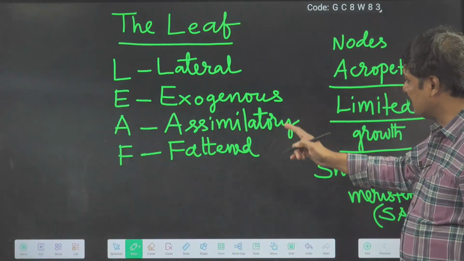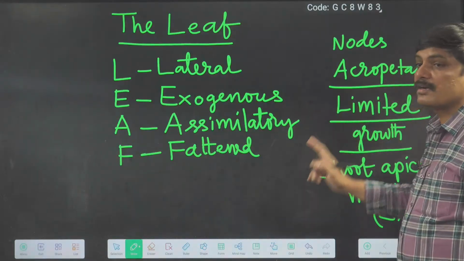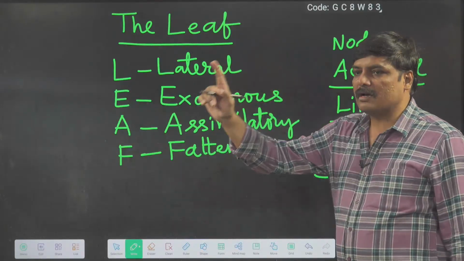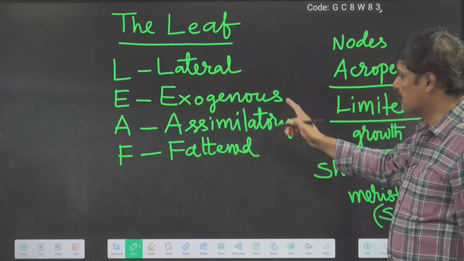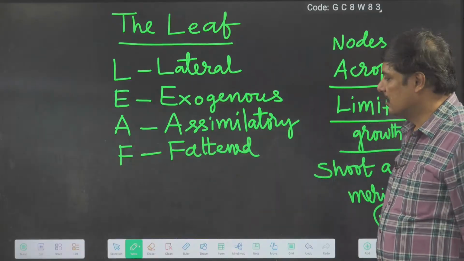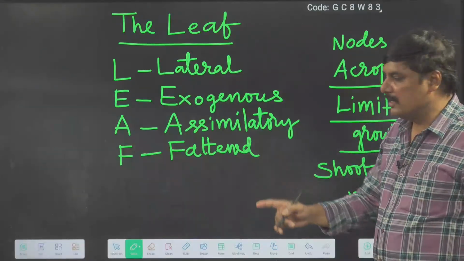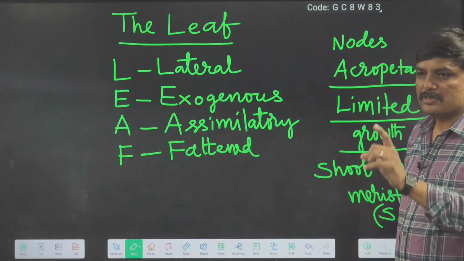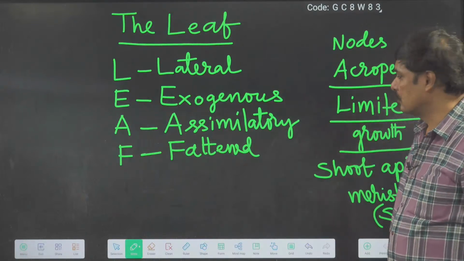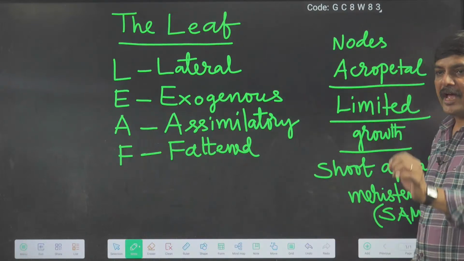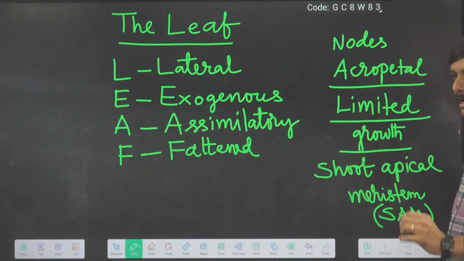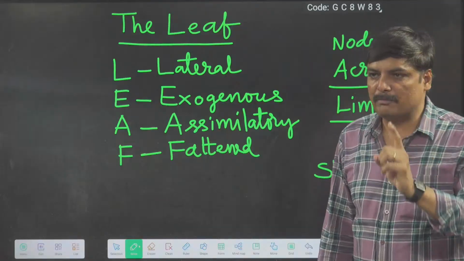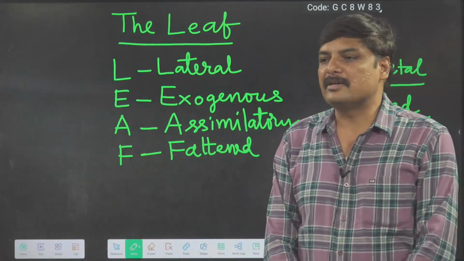So these are the general characters of the leaf. Leaves are lateral organs, exogenous, assimilatory, flattened structures, borne at nodes, arranged in acropetal manner, show limited growth, and are formed from the shoot apical meristem.